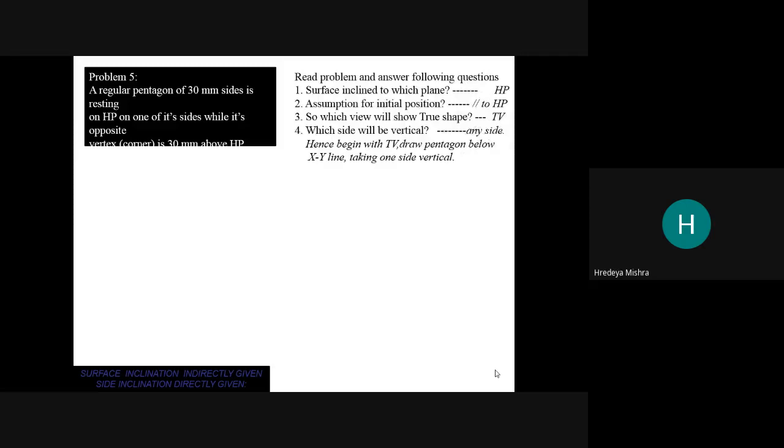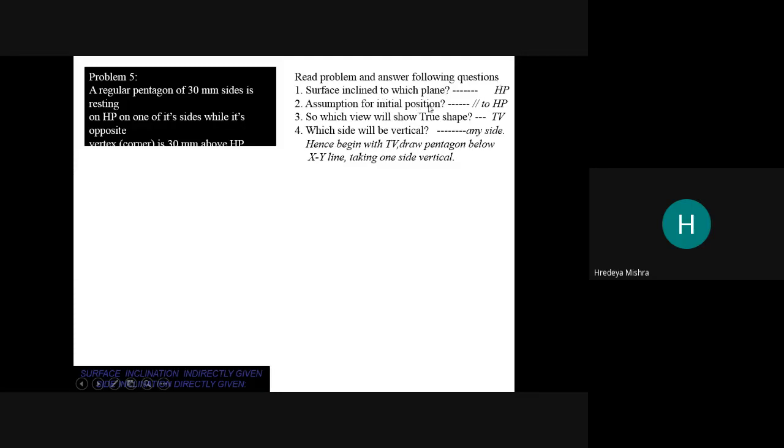Now for this problem you have to ask yourself, read the problem and answer the following questions. The surface is inclined to which plane? The surface is inclined to the horizontal plane.